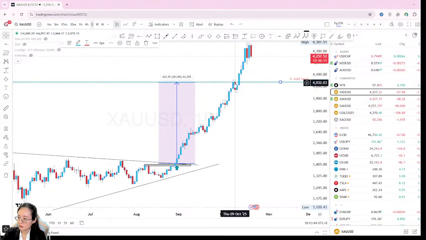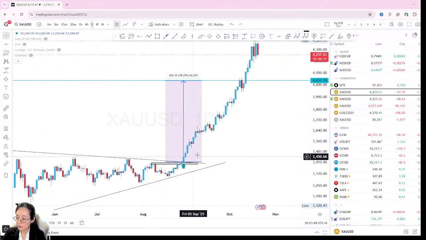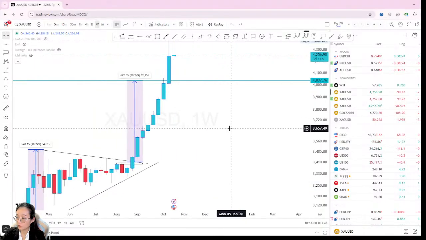You see the rejection. Okay, this is the swing. You see how many days it takes to hit the take profit, like this. No, we look at D1 and weekly.